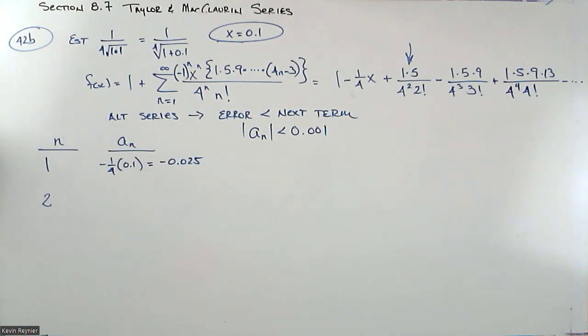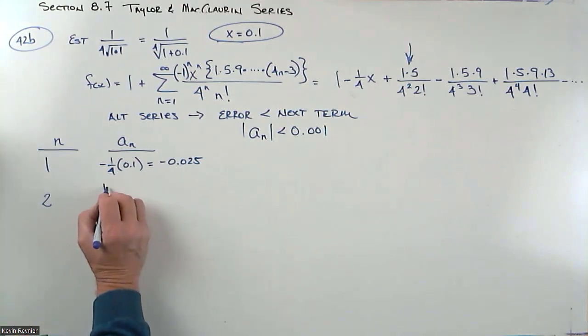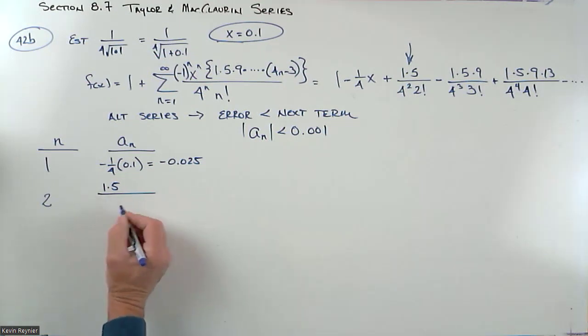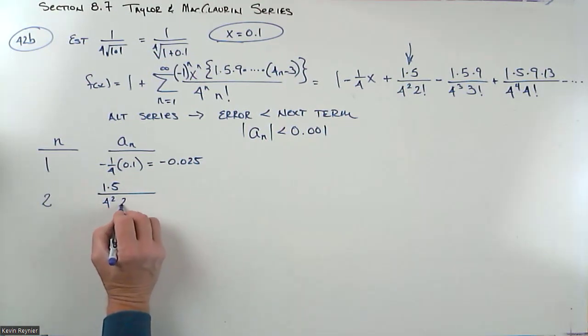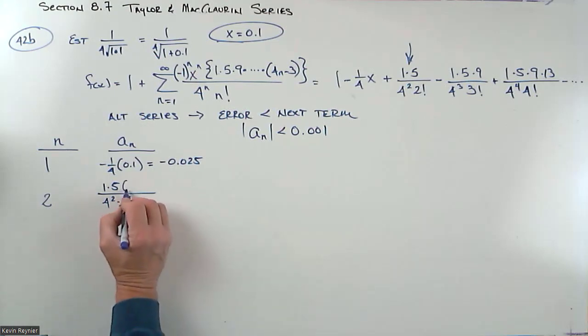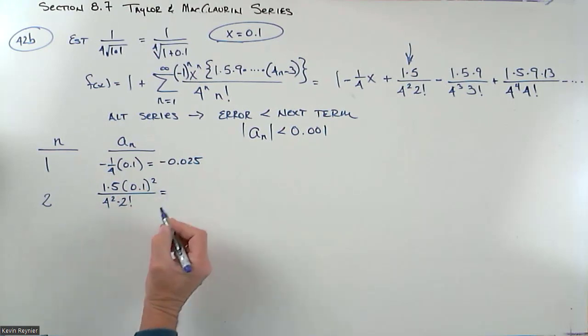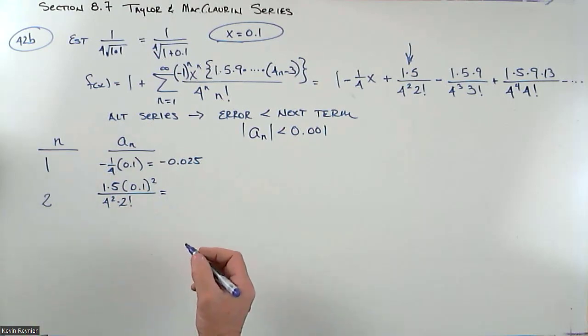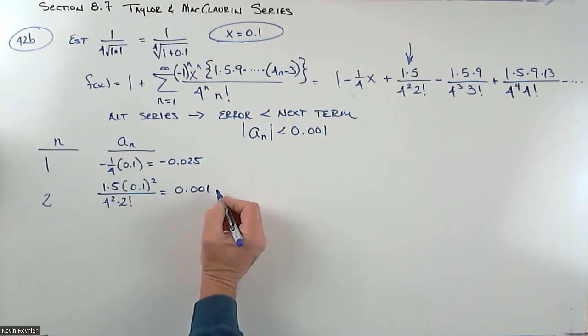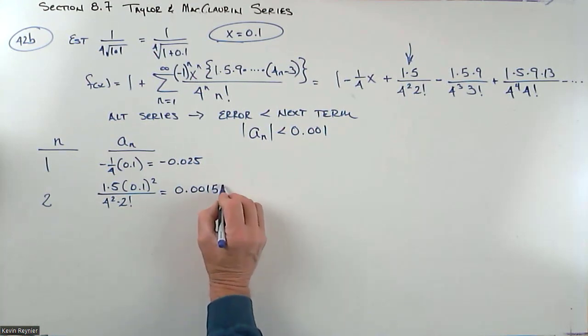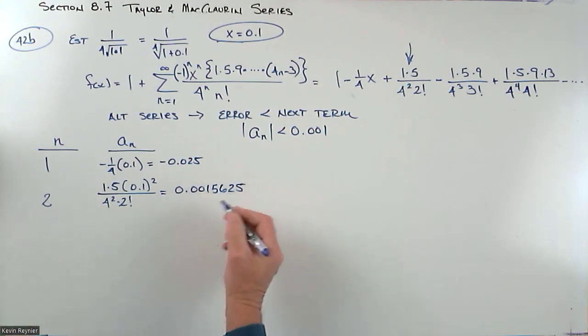So we would get 1 times 5, over 4 squared, 2 factorial, times 0.1 squared. And that comes out to be 0.0015625. That's not smaller than 0.001.